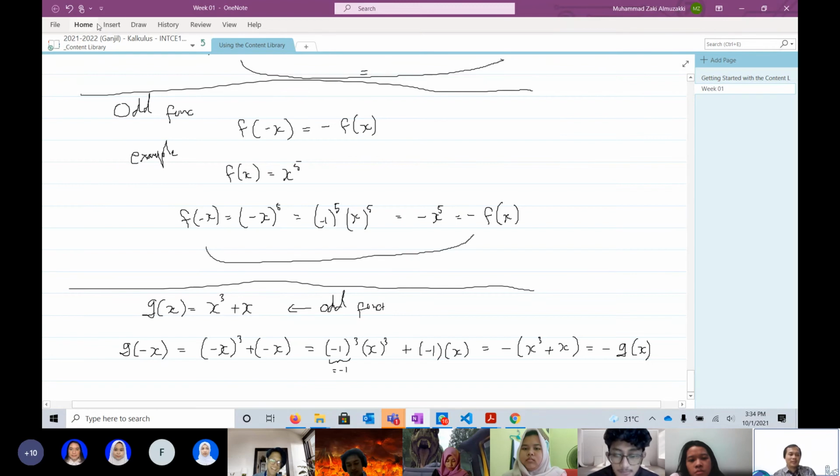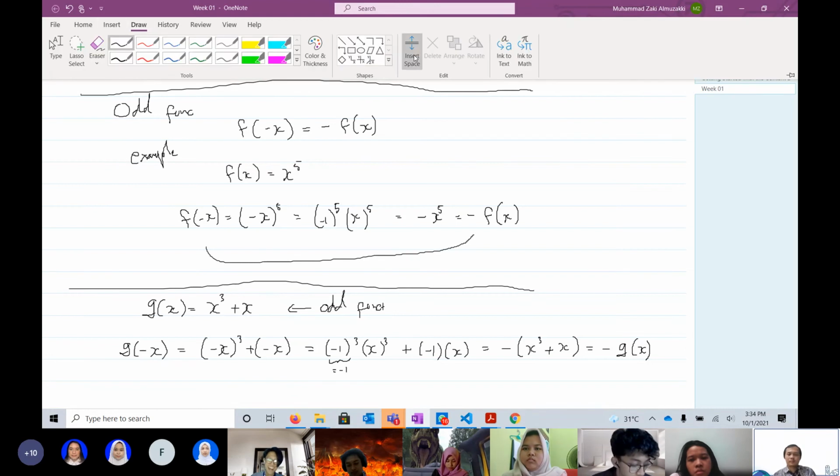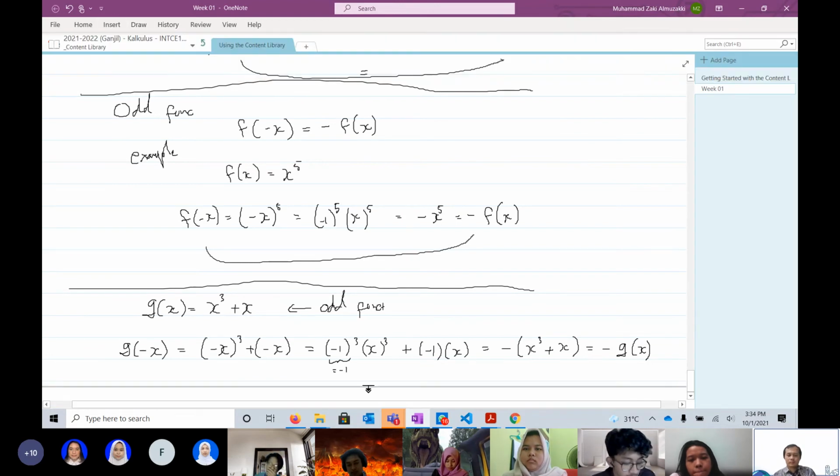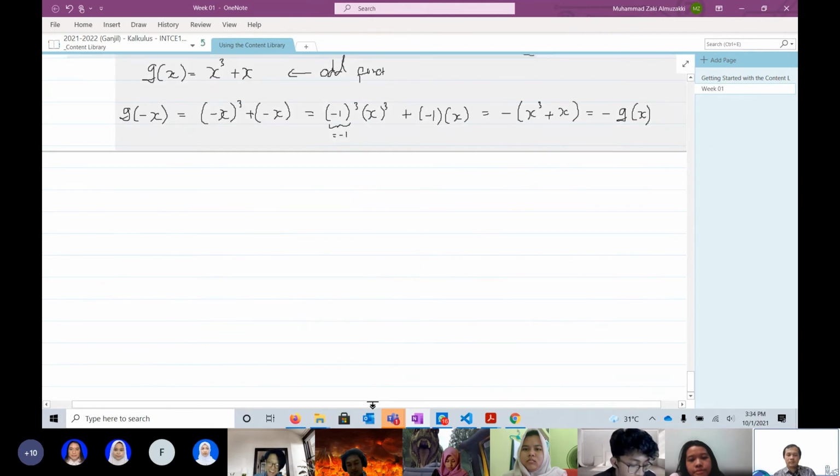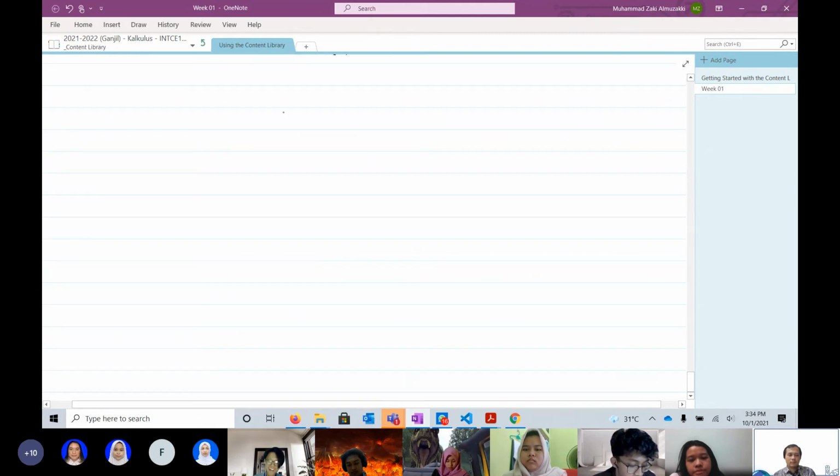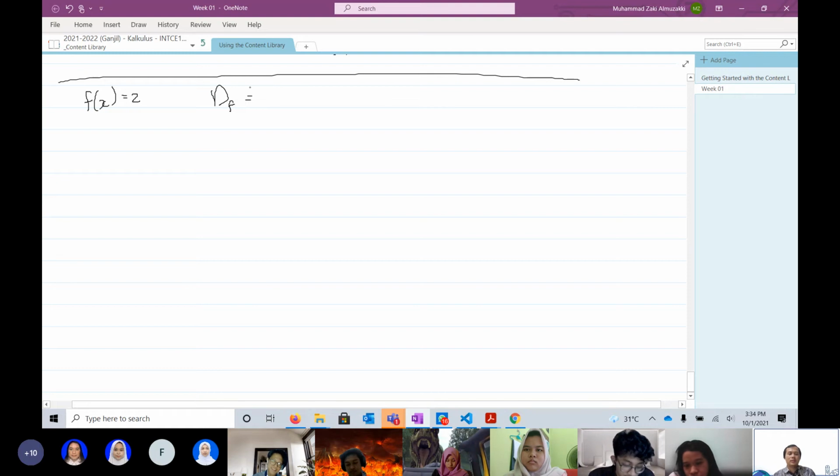Let's say we have f of x equals 2, meaning that the domain of f is, what is the domain of f in this case?